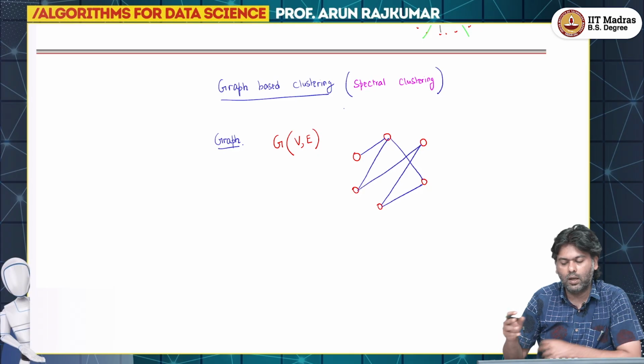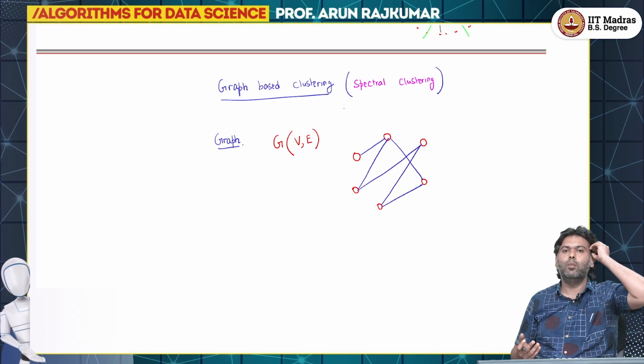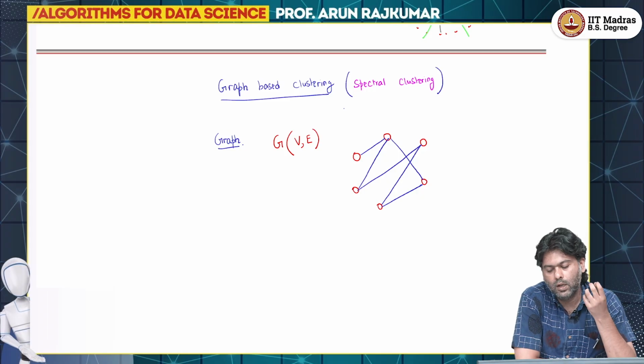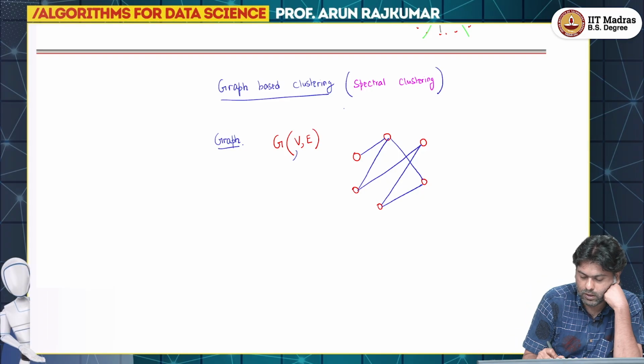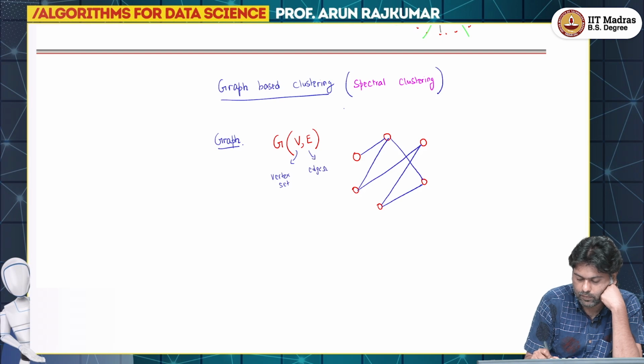It may or may not connect all pairs of vertices, right? So that's why we need what is called E, which is an edge set. V is the vertex set, and E is the edge set.